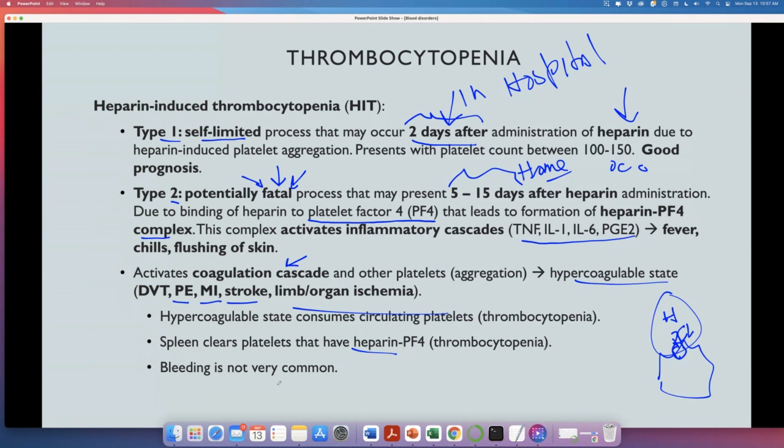Notice that it says bleeding is not very common. And why could that be? Why, if they have such a problem, bleeding is not very common? Well, there are several explanations, and one of the most accepted explanations is exactly the one that also explains why bleeding is not very common in patients with cirrhosis.